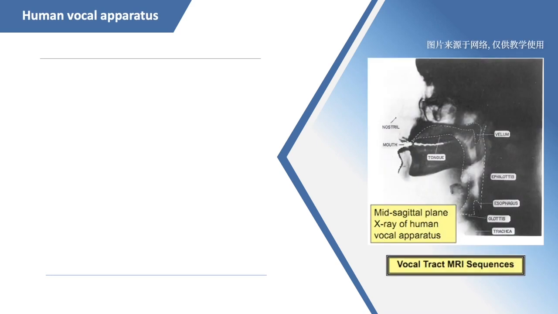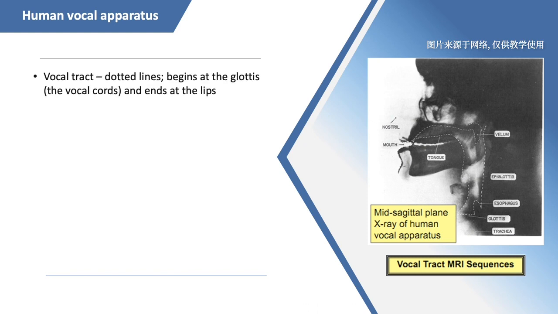The figure shows the mid-sagittal plane from an X-ray of the human vocal apparatus. The part inside the dotted lines shows the vocal tract, which begins at the glottis, the vocal cords, and ends at the lips.